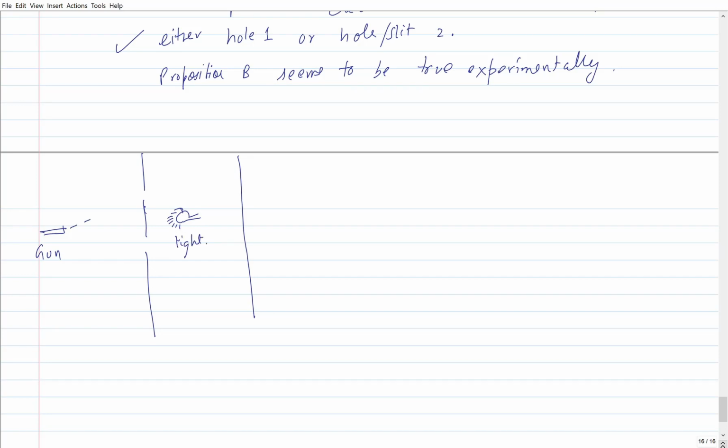An electron passes through this. Let's say I launch the electron. There's a flash of light. It deposited itself on the screen. This is electron number 1. Let's say 2. For electron number 2, I see a flash of light here, and it deposited over here. So click, click, click, click. This is what is going to happen, and they are going to deposit on the screen.